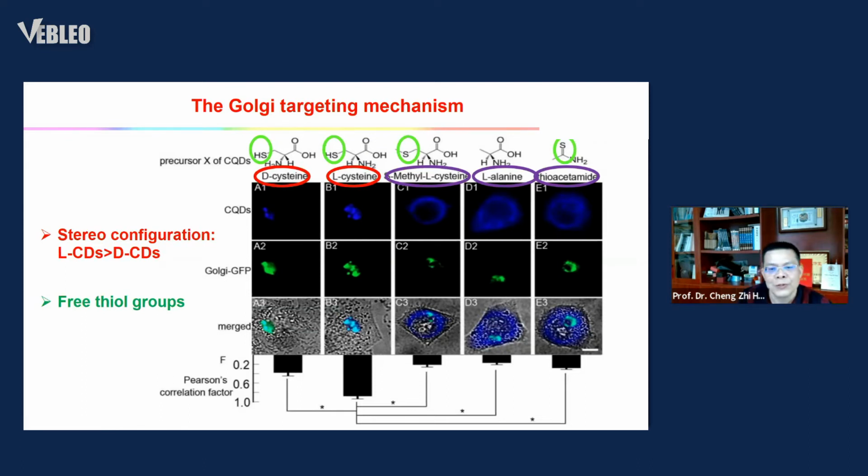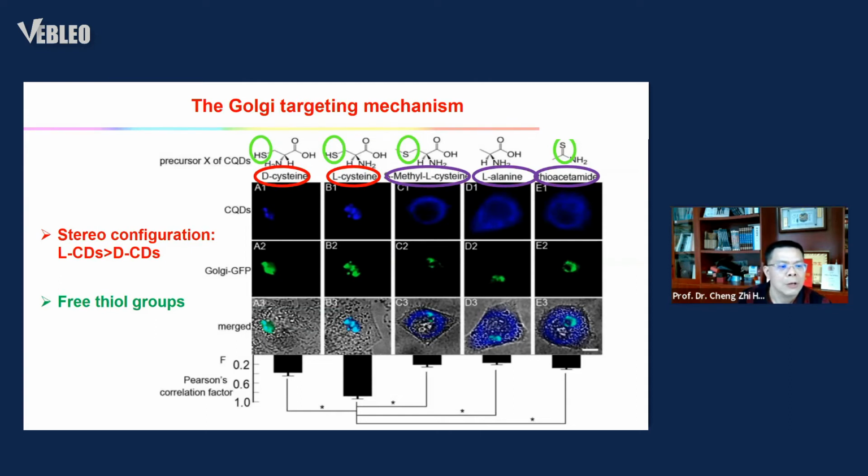These observations show the critical role of the free thiol groups for Golgi targeting, and also suggest that the L-type carbon dots bind the thiol group receptor site of the Golgi, which might be through the formation of disulfide bonds in the oxidizing environment of the Golgi lumen.